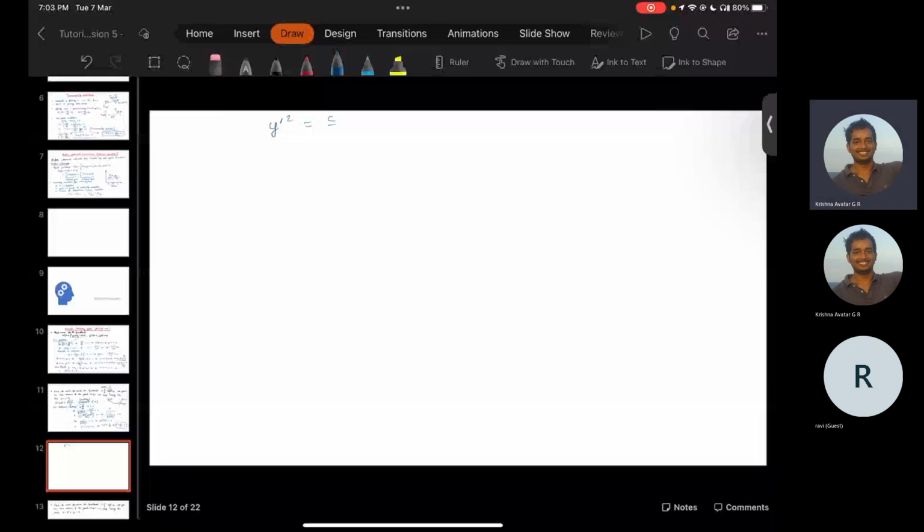Take square root. And then this gives us y prime is equal to plus minus root over c minus y squared by y. Let's first consider the positive square root part.